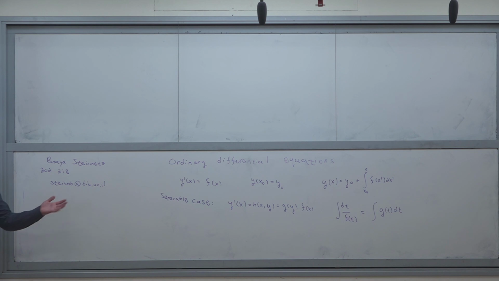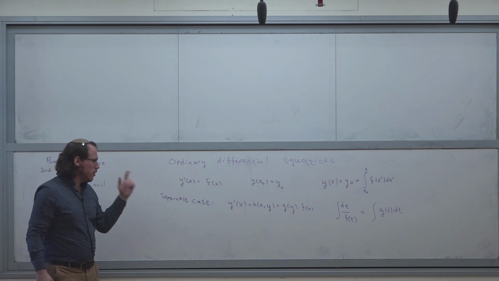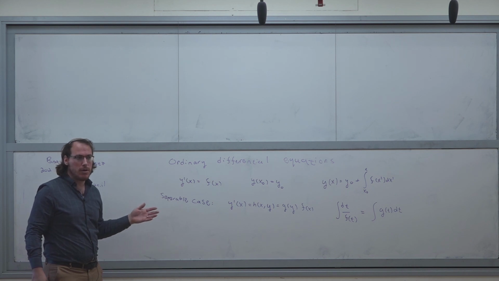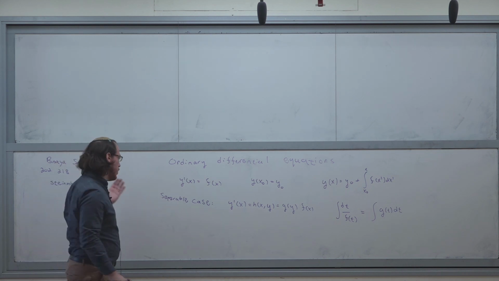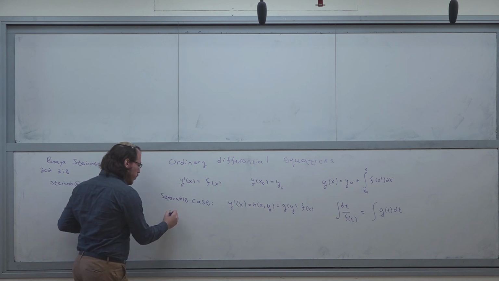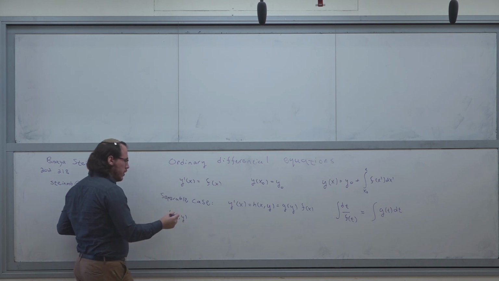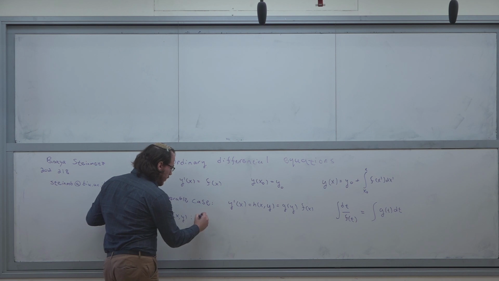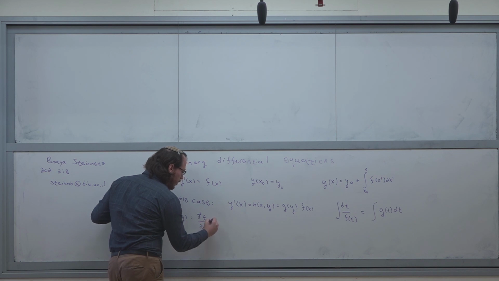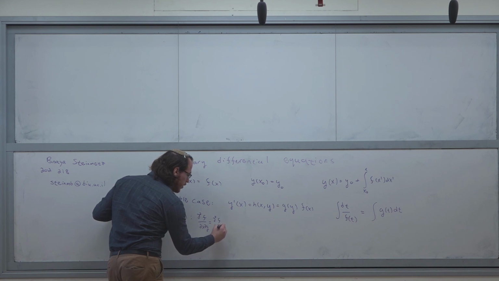And okay, in general, we have a condition for when an equation is separable, and it follows from the following reason. If we have some f of x and y, we know that the second derivative should be independent of the order of the differentiation, right?